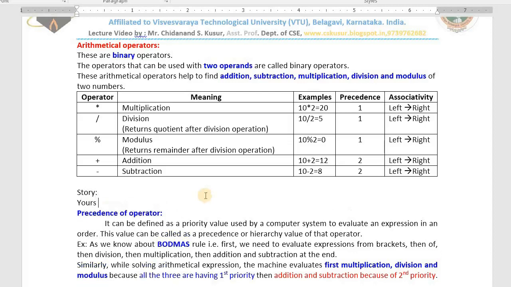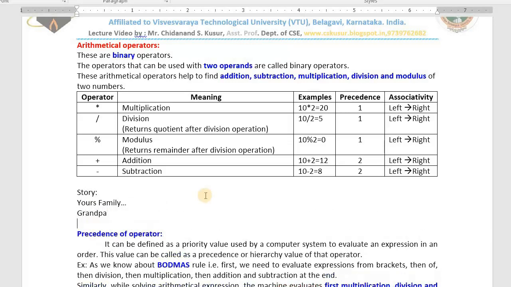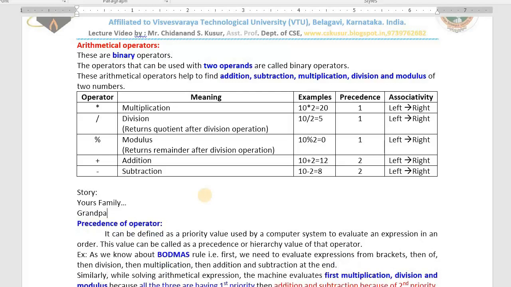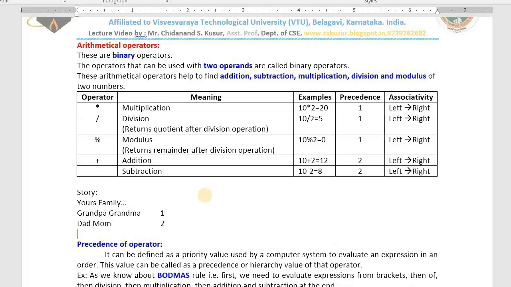This is your family. Assume in your family grandpa is there, then grandma. They are the senior most, the oldest. Their priority is one. Next, dad and mom. Their priority is two.